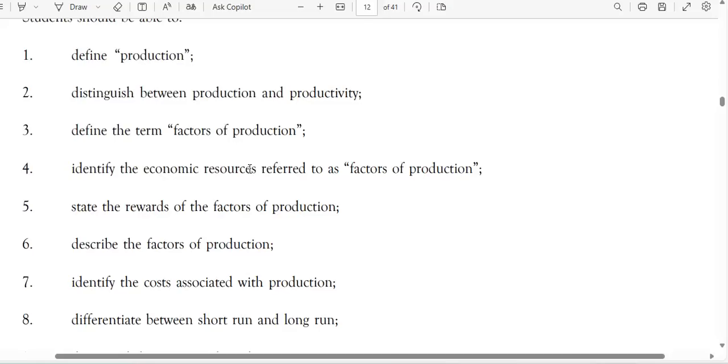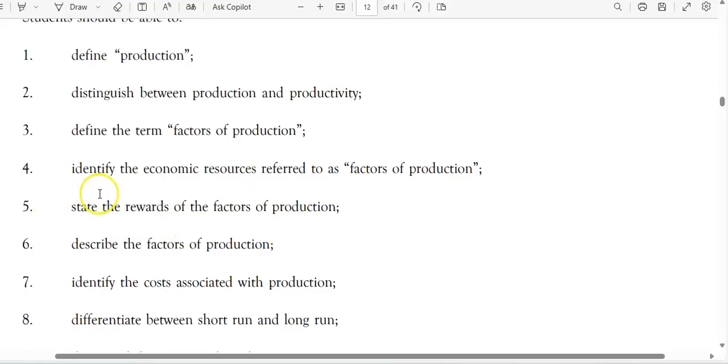Capital: all man-made tools and equipment used to produce goods and services, used for making production faster and more efficient. Entrepreneurship is the human skill of organizing and managing the other three resources and taking business risks. All right, because we already explained them already.